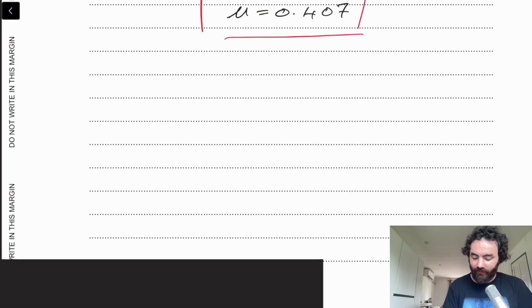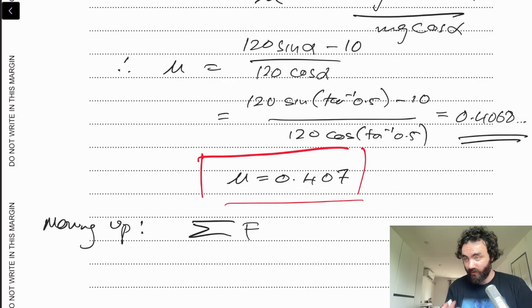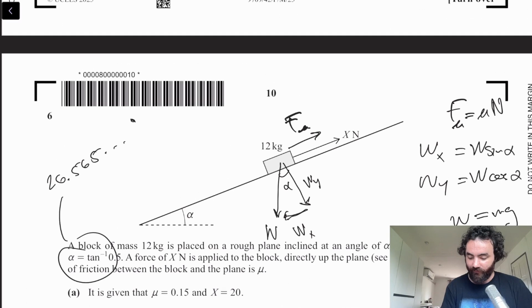Okay, so the only difference here is, as it's about to move up the plane, the sum of all the forces will equal 0 again because it's not accelerating yet. But as it's moving up the plane, this frictional force now will be acting down.